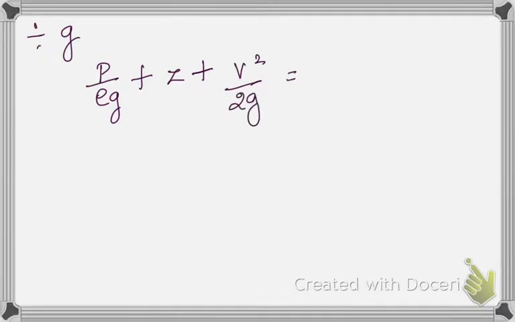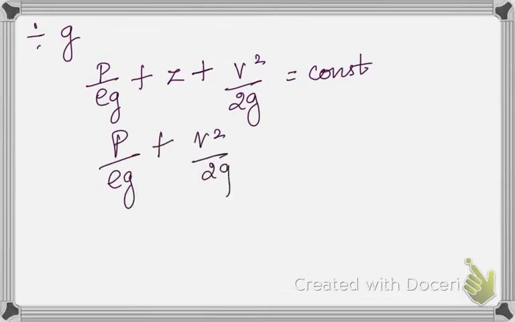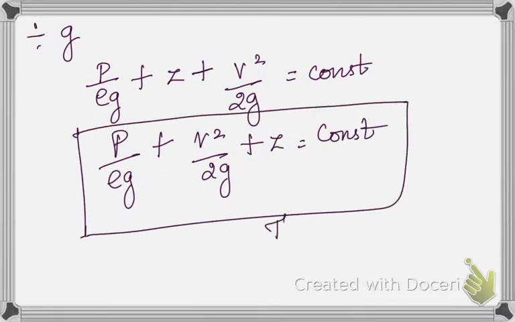What I am going to do is divide the complete equation by g. So it becomes p by rho g plus z plus v squared by 2g is equal to constant. In other words, p by rho g plus v squared by 2g plus z is equal to constant. And this equation is called Bernoulli's equation.